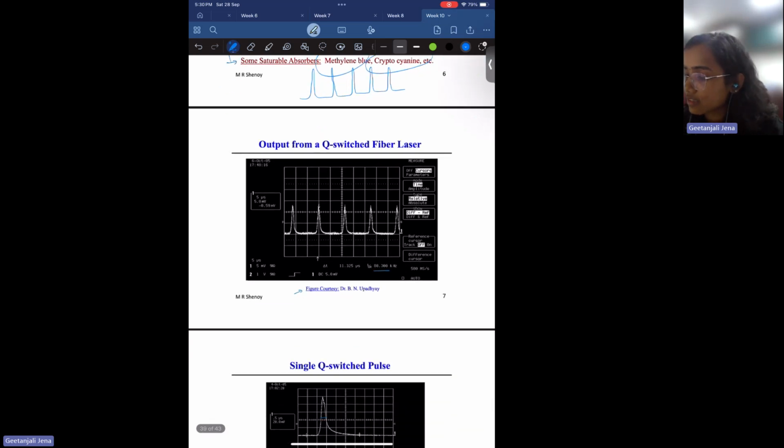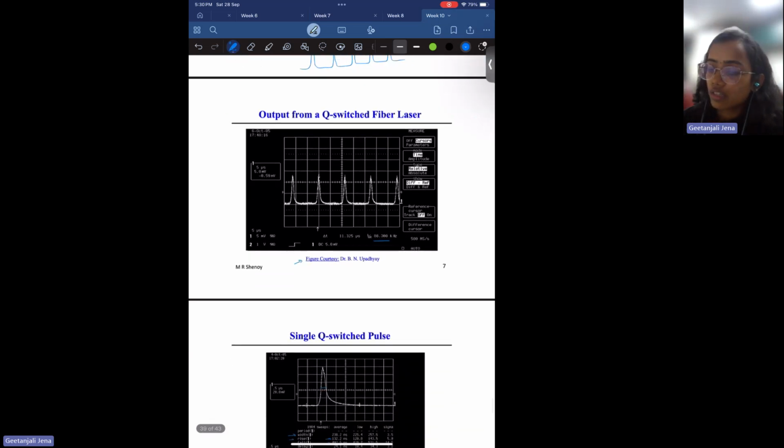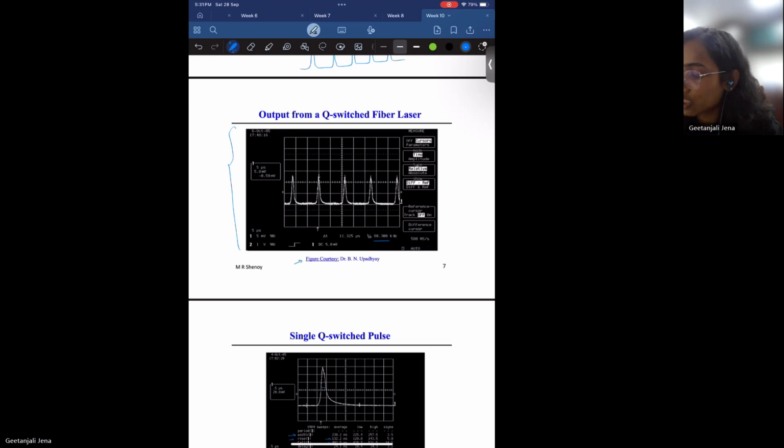Now we'll see some examples. One is output from a Q-switched fiber laser. So this is the output. You can see you can get a pulse output by means of Q-switching, and the repetition rate of this pulse is around 88.3 kilohertz.